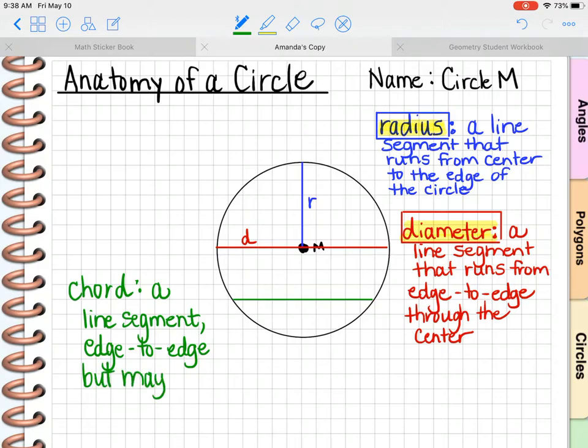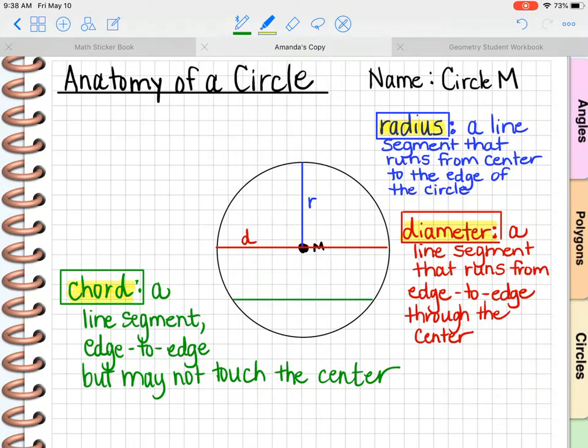So sometimes it doesn't touch the center. So a chord can be anywhere on the circle that's going edge to edge. And that's not usually going to be an issue, but for those of you going on to college, I think that's an important word that you need to know. I don't want you to get to your college class and feel like you don't know what's going on.